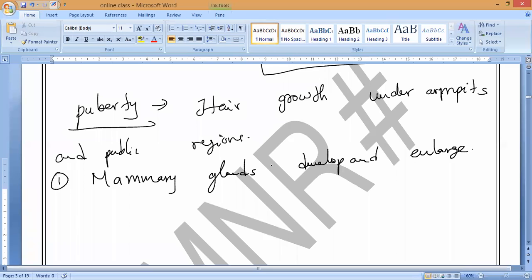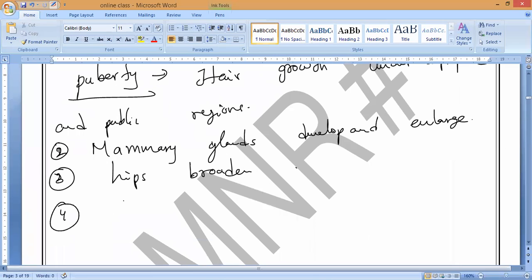Next, the hips will start to broaden. Hip size will start increasing at this puberty age only. Next, extra fat is deposited in various parts of the body, like the thighs as well as the hips. This will also take place in the puberty period only.